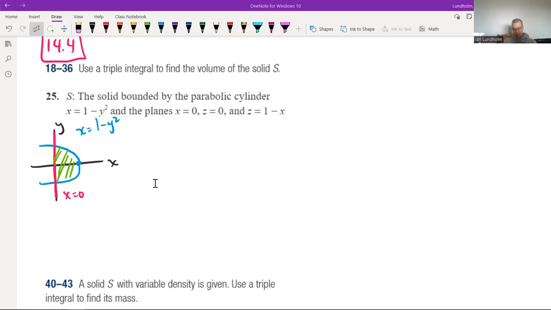We've got z equals 0 and z equals 1 minus x. Let's go ahead and make a zx plane.